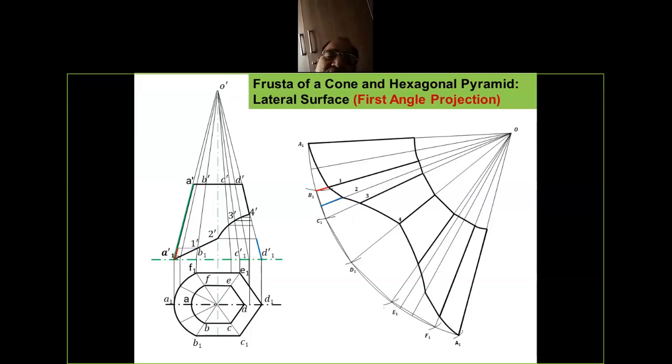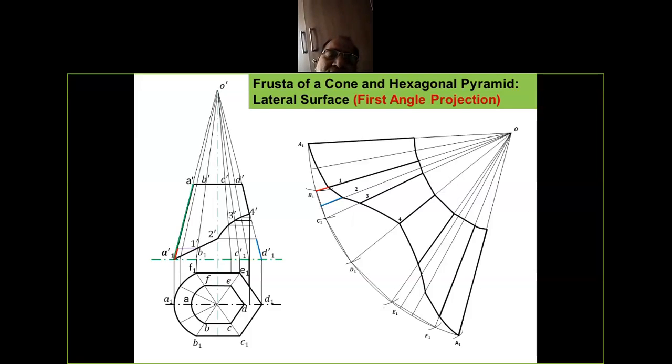First of all, we draw the top view, and since this figure is in the first angle, the top view will be below the reference line. So in that case, we make 1, 2, 3, and this type of figure.